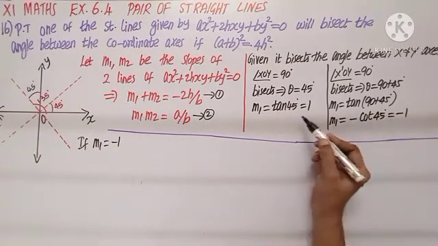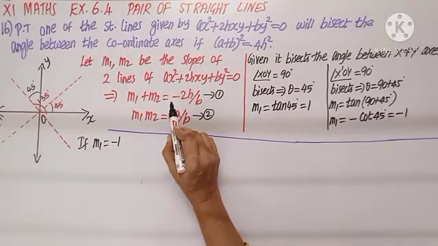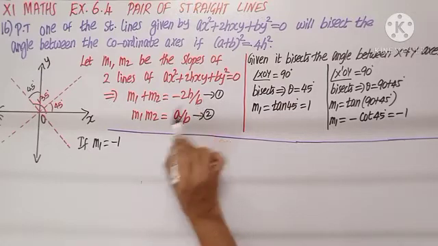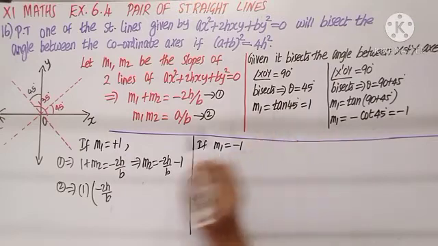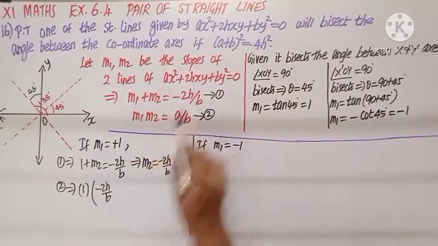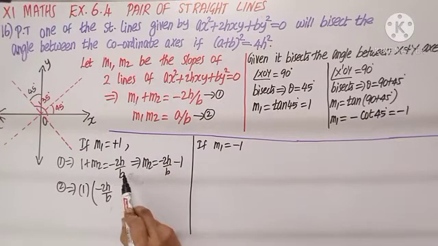Now, if m1 is 1, let me substitute in the condition for slopes. m1 plus m2 is minus 2h by b, m1 m2 is a by b. As I take m1 is 1, equation 1 gives me 1 plus m2 is minus 2h by b, or m2 is minus 2h by b minus 1.